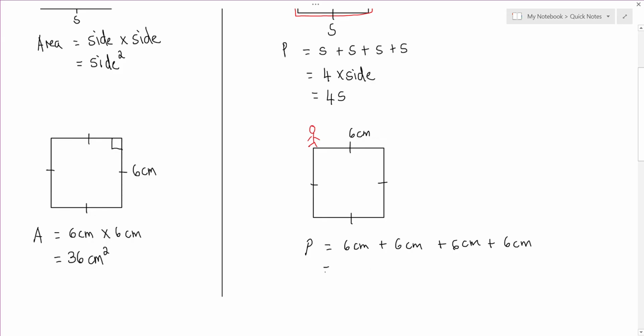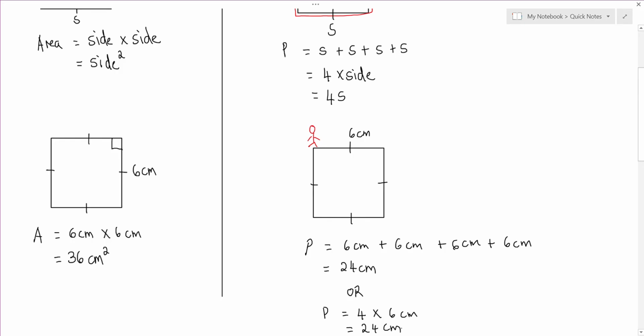That would give you 6 times 4, which is 24 centimeters. Or you can use the formula, P is equal to 4 times 6 centimeters, and that would give you your 24 centimeters. So it's up to you what you prefer.